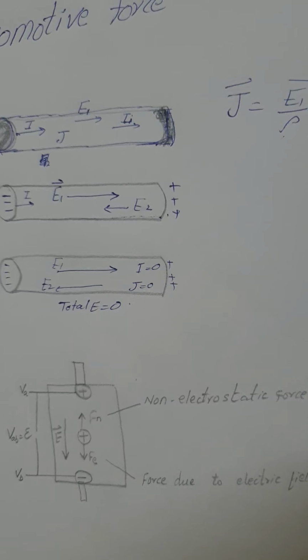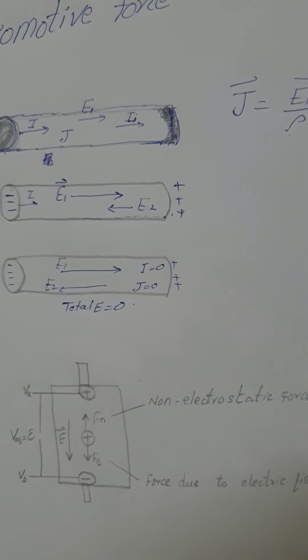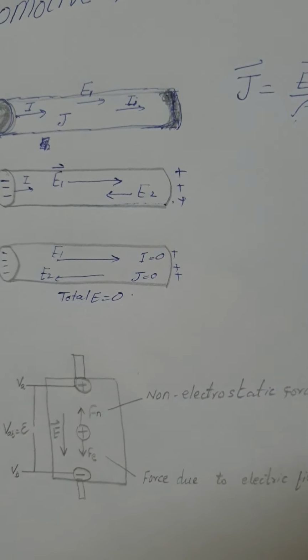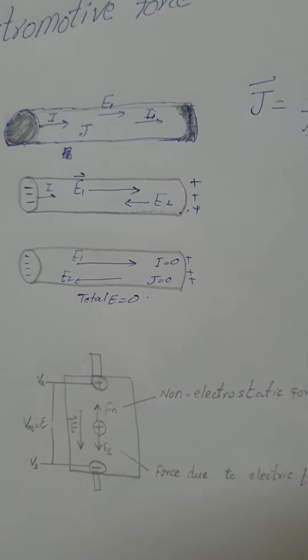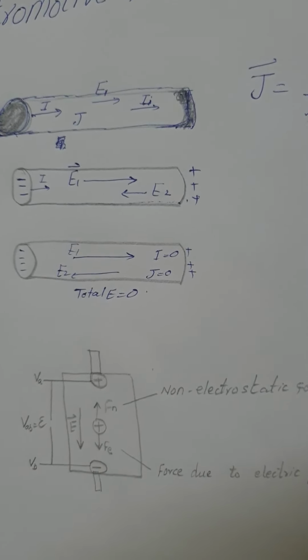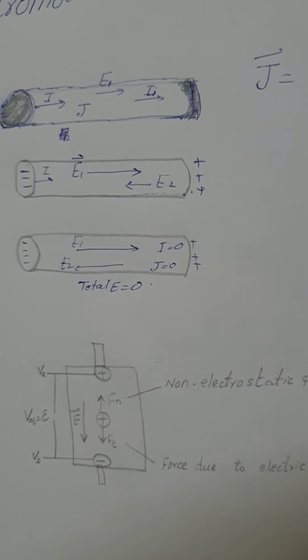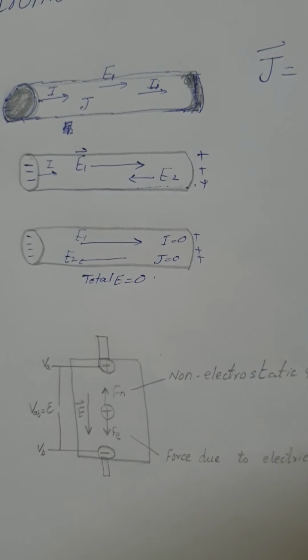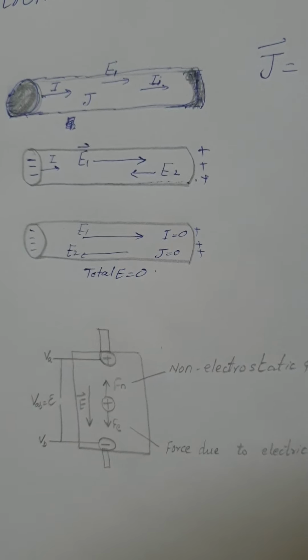But there is always a decrease in potential energy when charges move through any conducting material with some resistance. It means that there is something in the circuit which increases the potential energy.